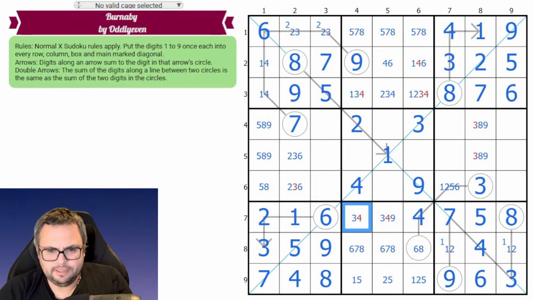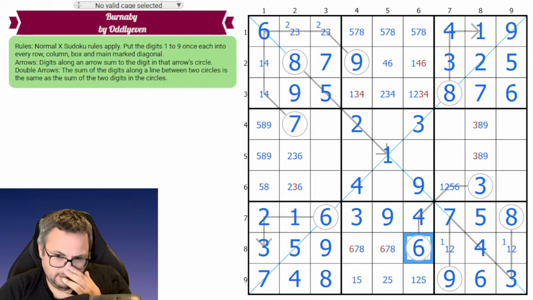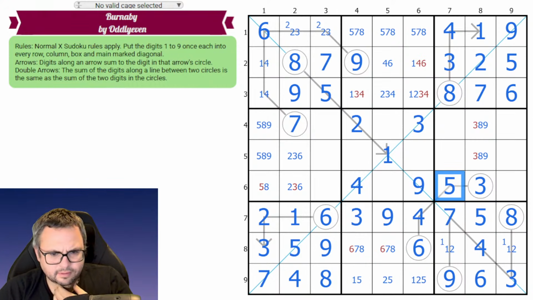I removed the wrong digit from row 8, column 6. Definitely can't be 6.